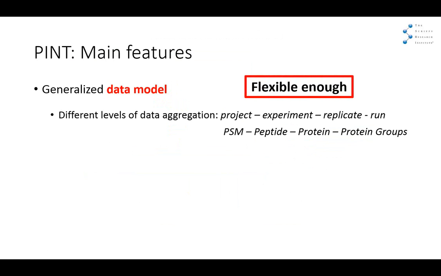We want to take into account several levels of the data, like projects, experiments, replicates, runs, but also the actual data at PSM level, peptide level, protein level, but also the protein groups, meaning we perform a protein grouping with the proteins that share peptides. We also want, as I said, to support different types of quantitative approaches and also cross-link data.